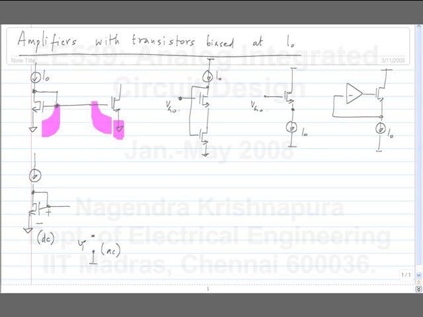So this is the standard AC coupling technique that we have been using all the time. And we can connect the load to VDD, the power supply if we wish, and if we want to remove the DC bias at the output, we can use another capacitor to couple the signal.